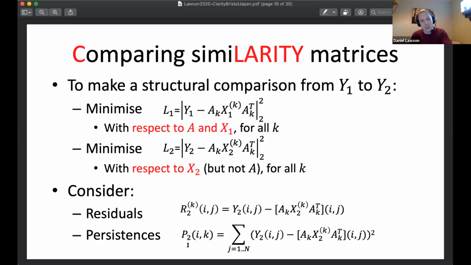And persistences, which I showed in the picture at the beginning, are just the sum of the squared residuals for item i across all of the things it can be compared to, all of the j, at a particular complexity k.